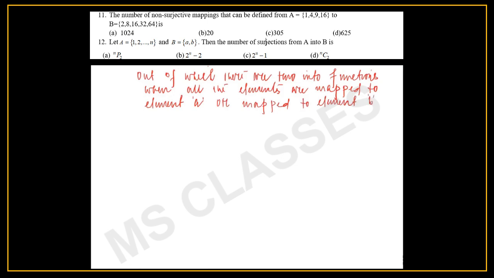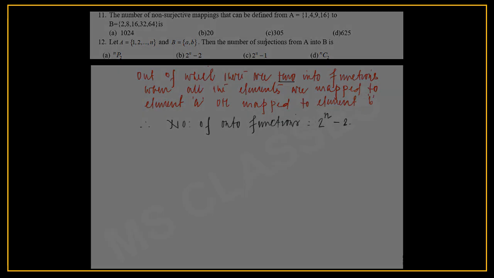So there are only two into functions, when all the elements are mapped to a or all the elements are mapped to b. Therefore, the number of onto functions is equal to 2 to the power of n minus 2.